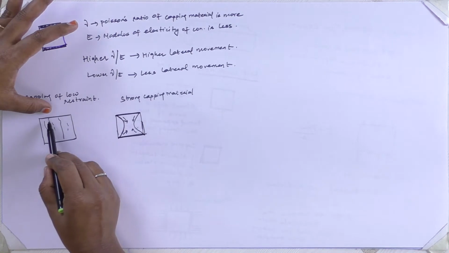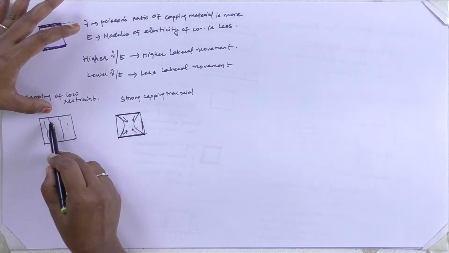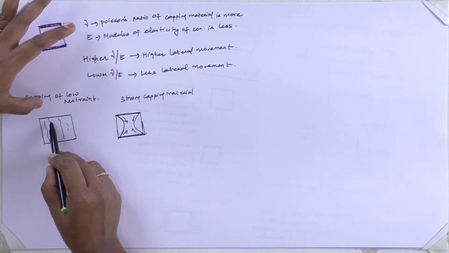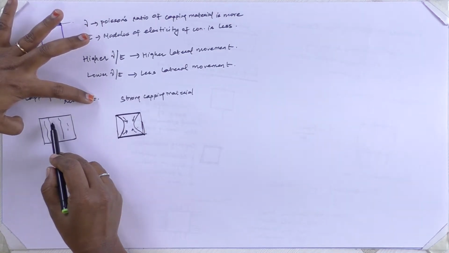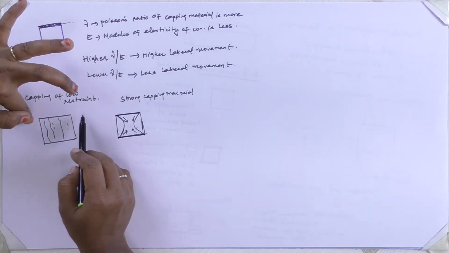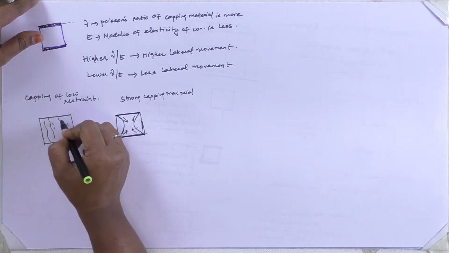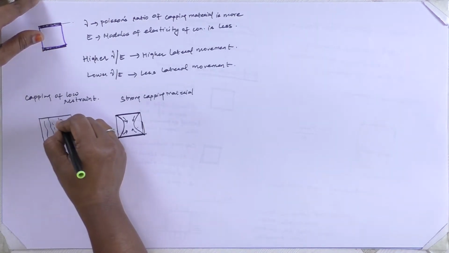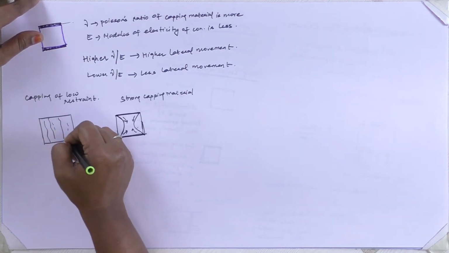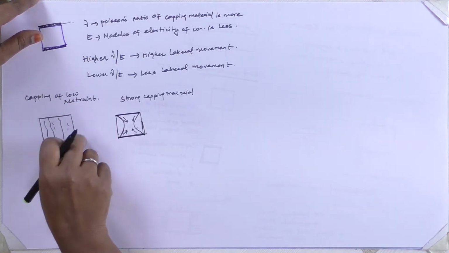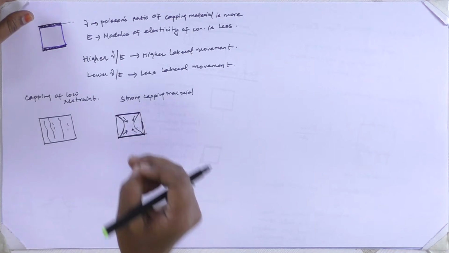If the capping material is not strong enough to withstand the frictional forces, then it starts moving and the failure will develop. Failure planes will develop parallel to each other, leading to the failure of the material.